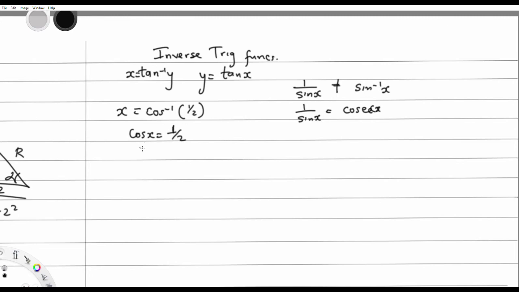In the same way, cos x multiplied by 1 over cos x is 1. I hope we understand that. It's just a simple trick.